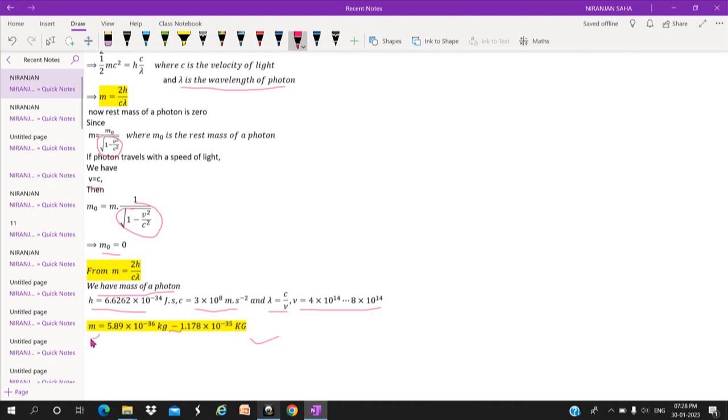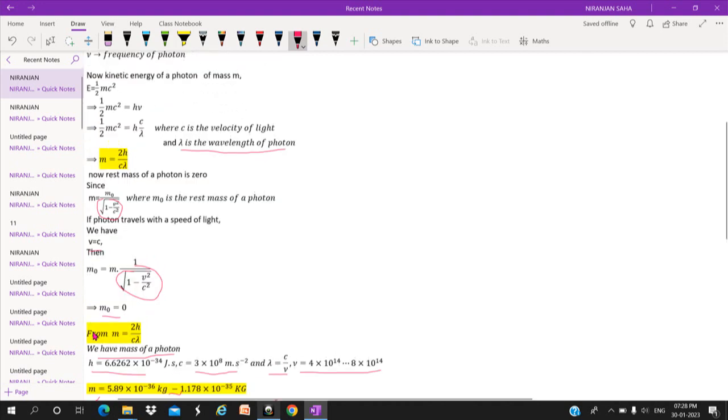So this is the range we will get for the mass of the photon.